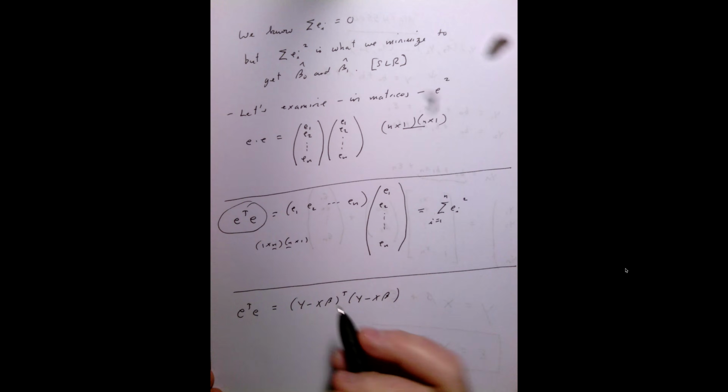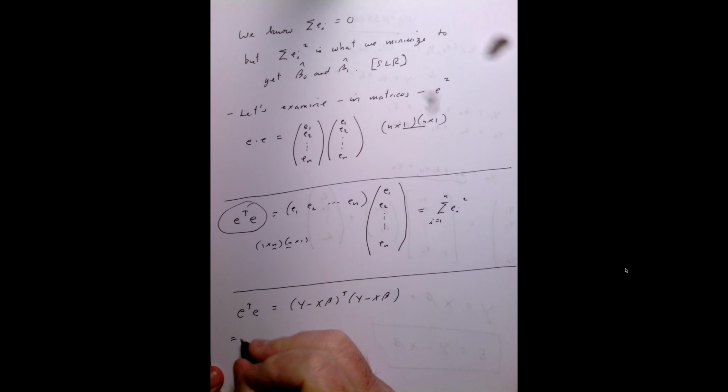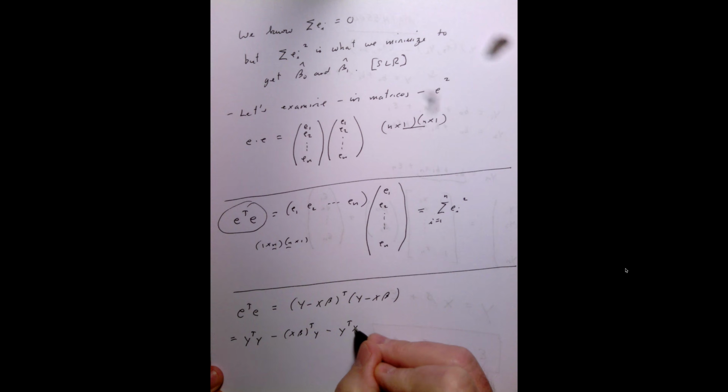Now if we multiply this out, we're going to get y transpose y minus x beta transpose y minus y transpose x beta, right? Y transpose, yeah.